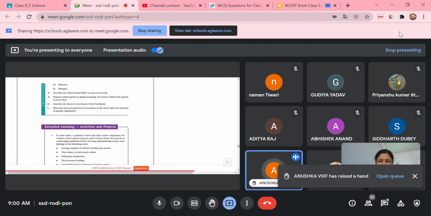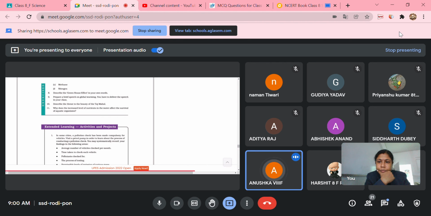When the sun's rays fall on the earth, a part of the radiation is absorbed by it, and a part is reflected back into space. When greenhouse gases are present in the atmosphere, they trap these radiations and do not allow heat to leave. The main greenhouse gases are carbon dioxide and methane, which are responsible for the greenhouse effect.